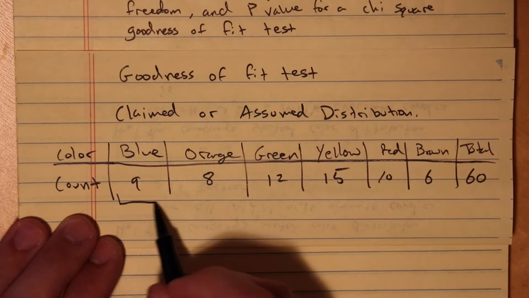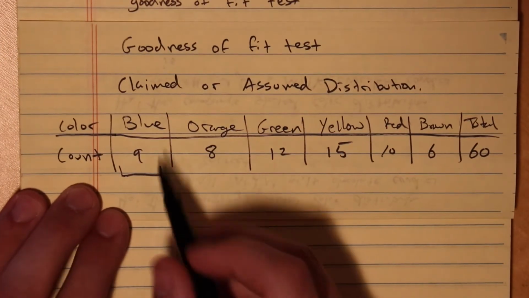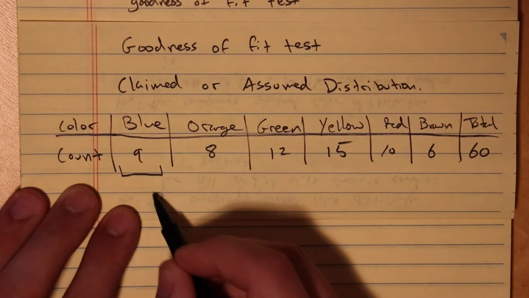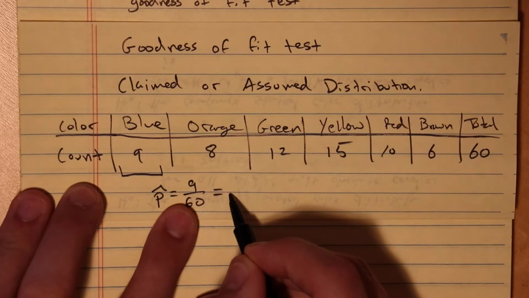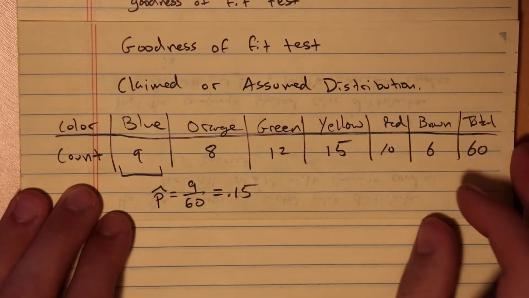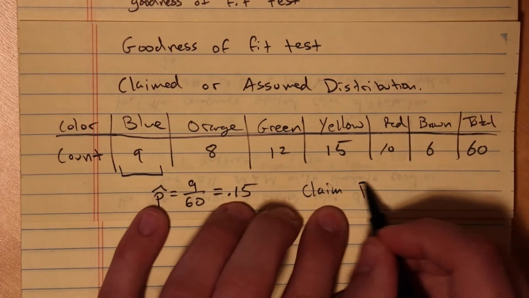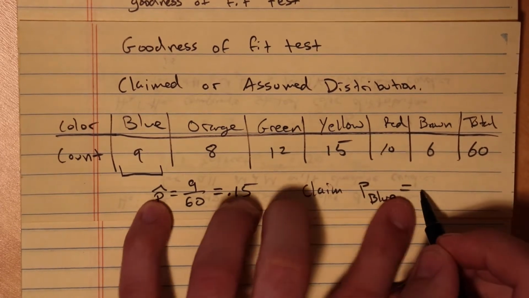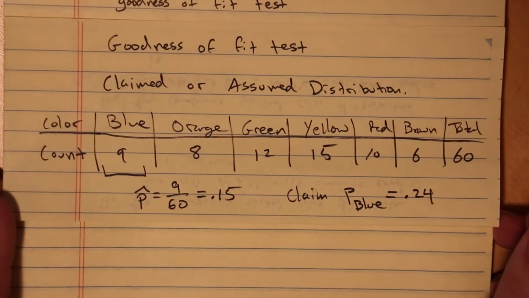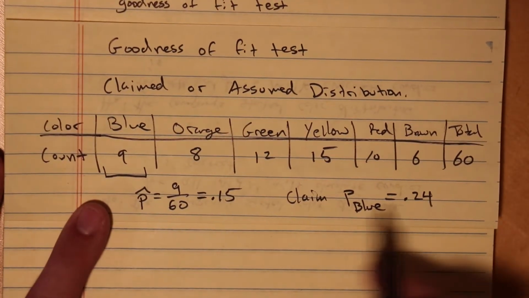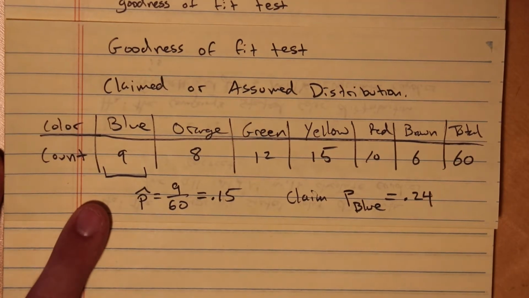Let's take a look at what happened to the blue proportion. Our sample proportion for blue is p hat equals 9 out of 60, which is equal to 0.15. The company's claim was that the proportion for blue is set at 0.24, or 24%. So we have evidence to suggest that may not be the case, because this is less than what the company claimed.